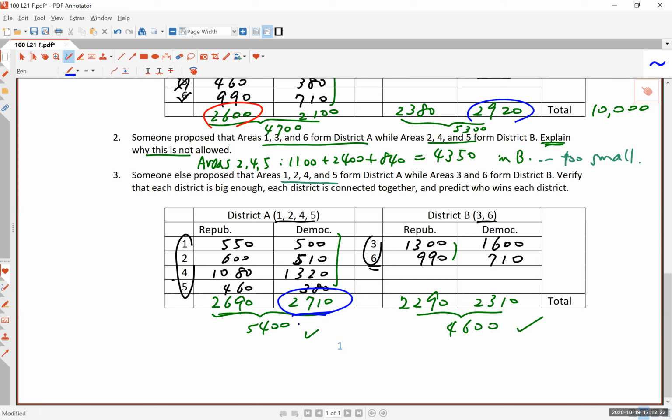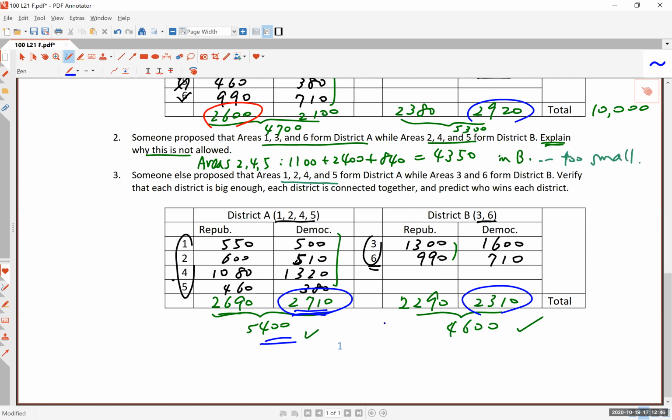You would not call this a landslide, but blue would win. And over here, 2290 and 2310, again by the difference of 20 votes. In District B, they will choose the blue party politician to represent District B. This is exactly what we were talking about.